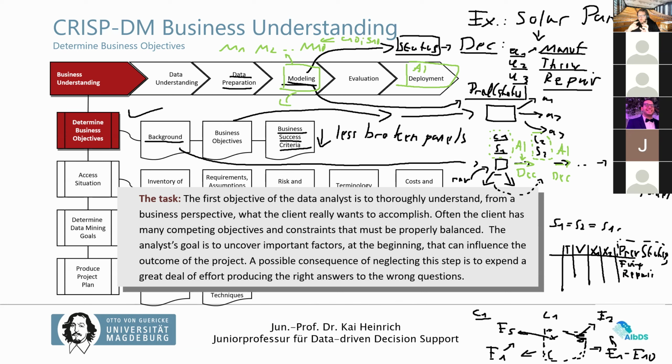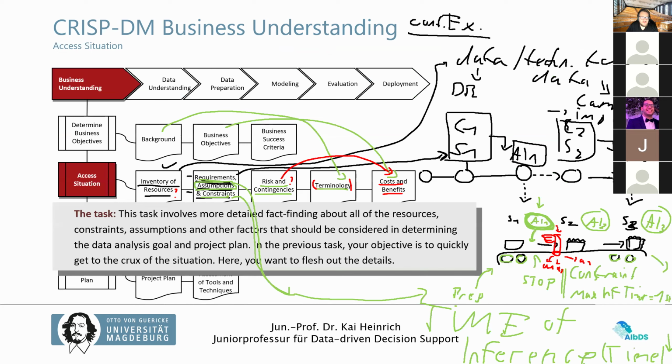If there's no error, I can continue. E1 and E2 are repairable, and the rest, E3 to E10, are not repairable. So I will have some kind of this thing. But these are all the things I have to determine here, and this is really important.